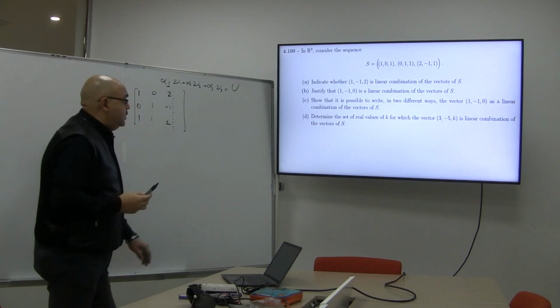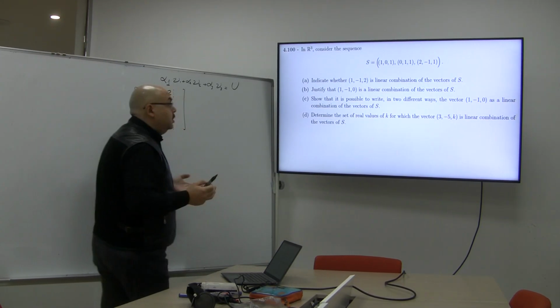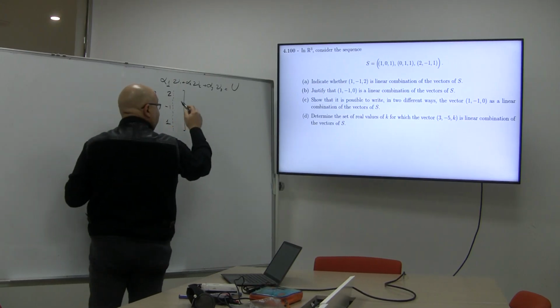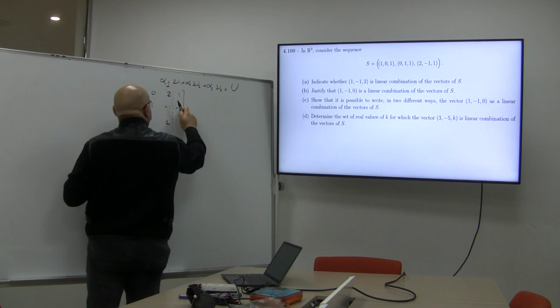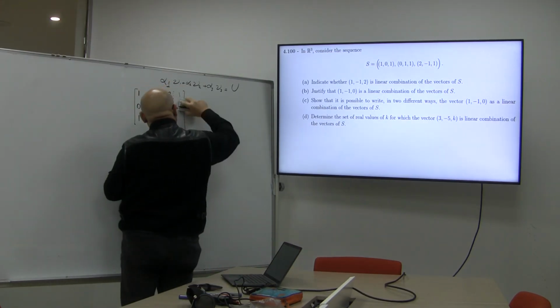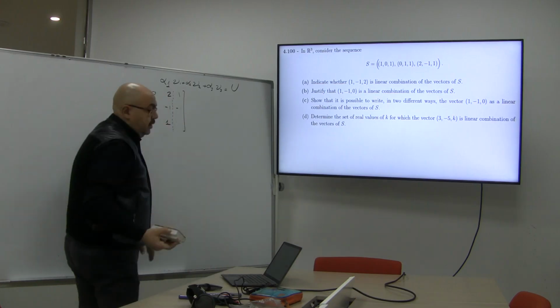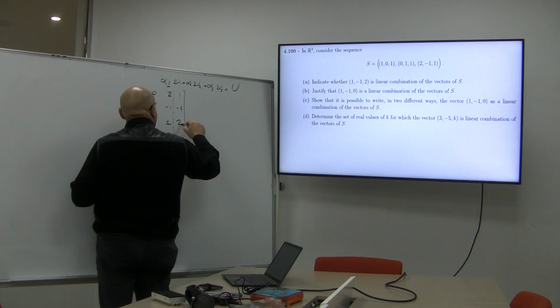For the solution set, I use the vector that you are studying, which is 1, negative 1, and 2. I'm sorry, I won't write negative 1 there, but instead I'm writing 2. So 1, negative 1, and 2.